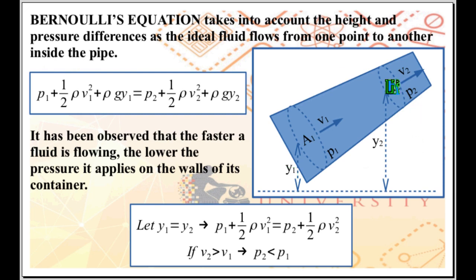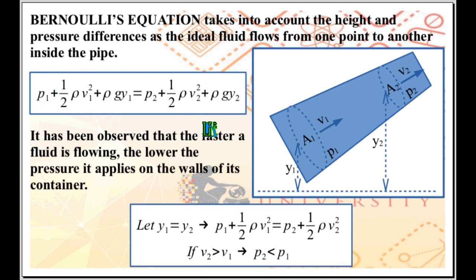Bernoulli's equation tells us that for area A1, we have P1 plus 1/2 rho V1 squared plus rho g Y1. At area A2, we have P2 plus 1/2 rho V2 squared plus rho g Y2. And the two sides are equal.